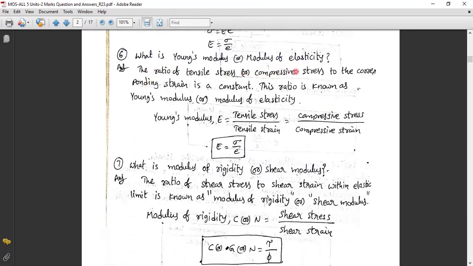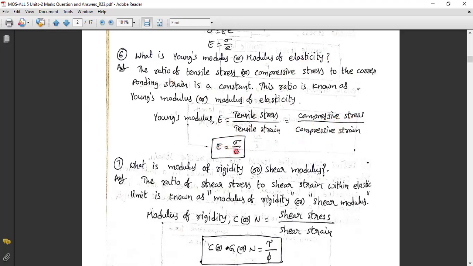What is Young's modulus or modulus of elasticity? As before, in the previous question, I have said that E is represented by Young's modulus. It is one of the constants, or you can say modulus of elasticity. Sometimes the ratio is tensile stress upon tensile strain or compressive stress upon compressive strain.